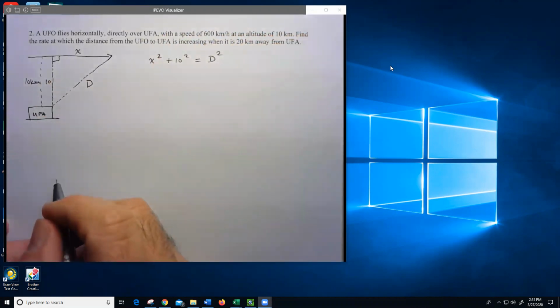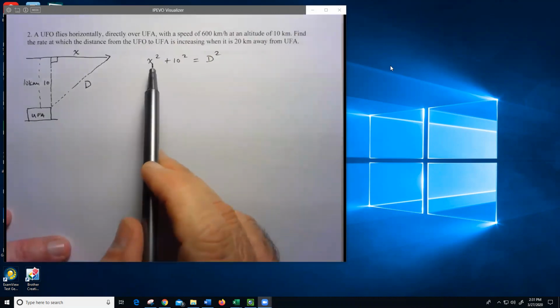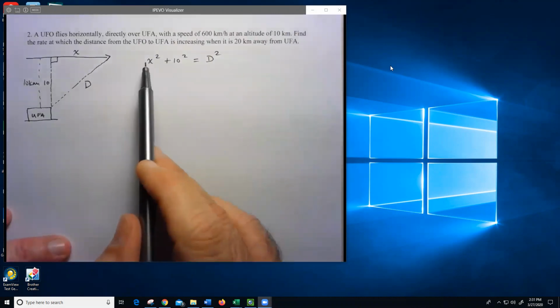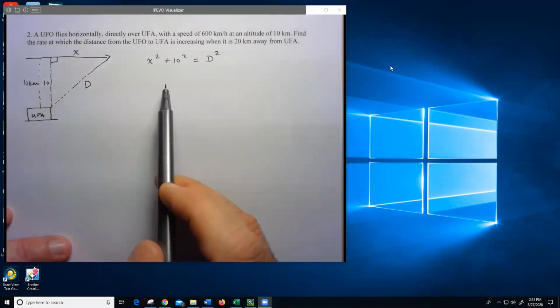Astrid's asking a very good question, and I'm going to deal with that in a second. Here's our equation that relates our two variables. The goal now is to find the equation that relates the two rates.